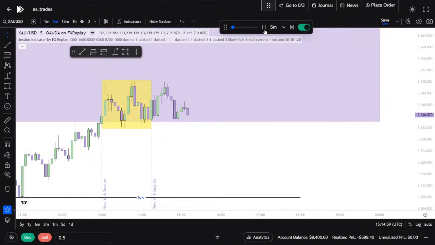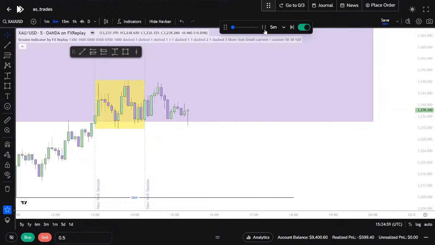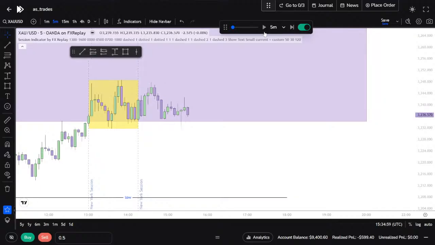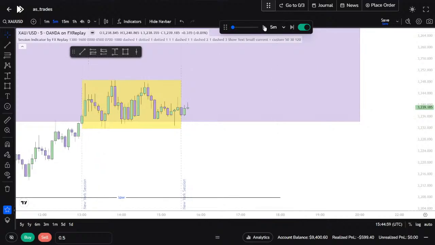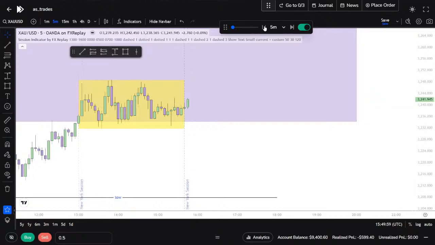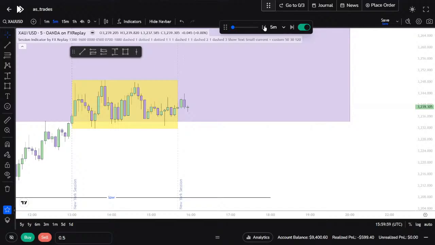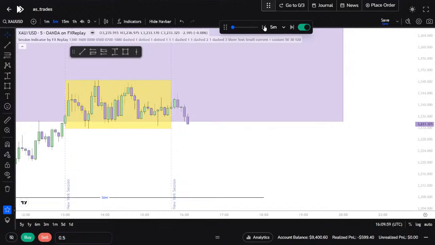Still consolidating-ish. Is that a no, what took out that? Okay. Oh, okay, okay. So ideally the price is gonna retrace back up.